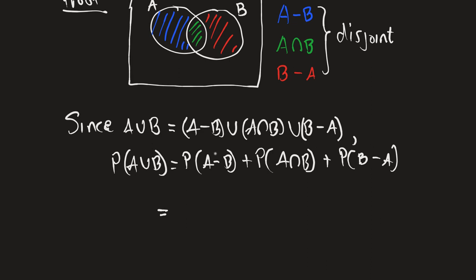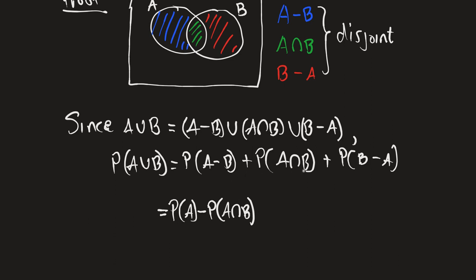So I can write the first term in the sum as the probability of A minus the probability of the intersection, like that. So this first expression can be written as this difference.